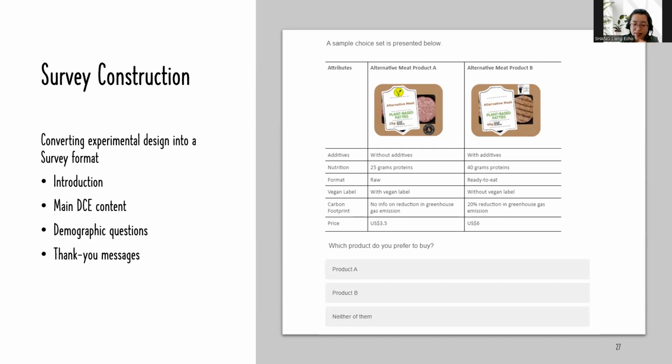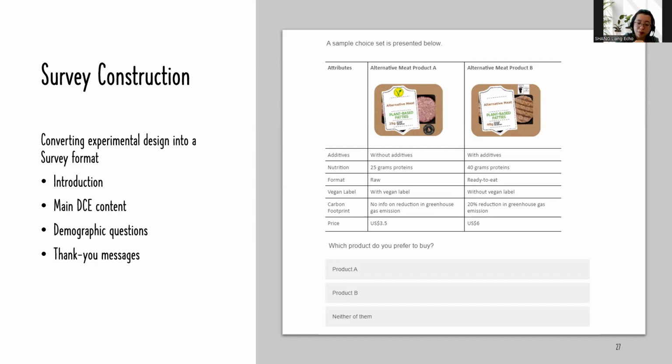Here, I present an example from one of our previous projects. You have alternative meat product A and alternative meat product B, and each is described by different attributes and attribute levels. You need to introduce these different levels and attributes to your respondents so that they can understand what you are doing here. After the introduction, the next step is to present your respondents with the actual DCE choice task.